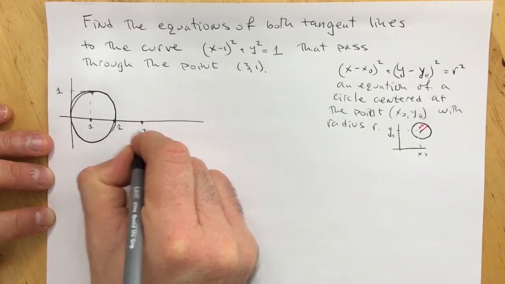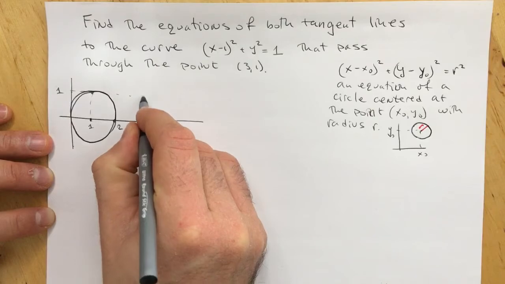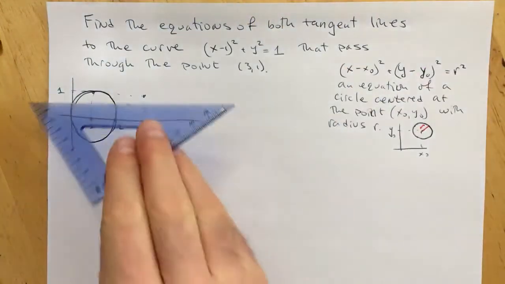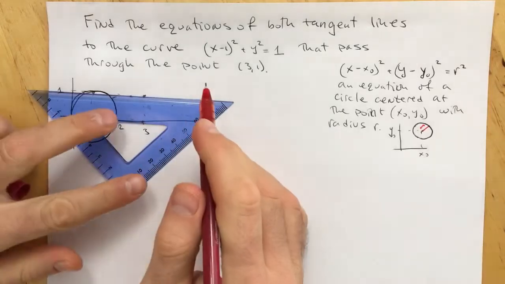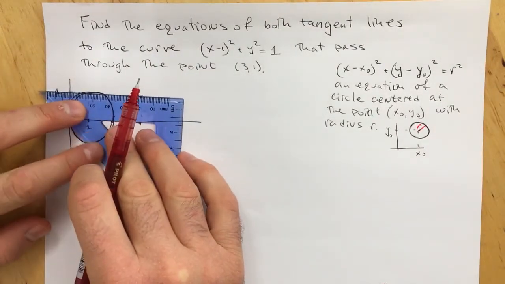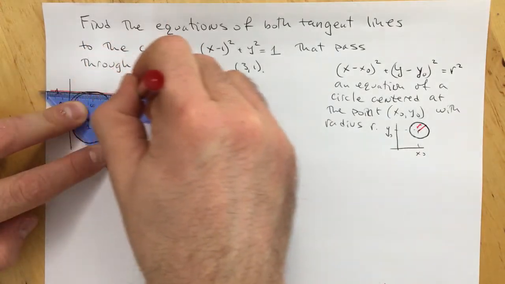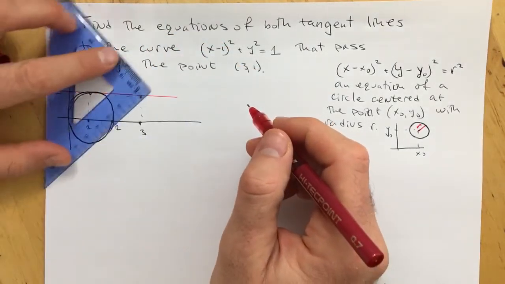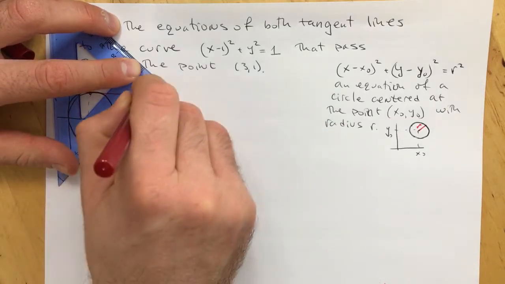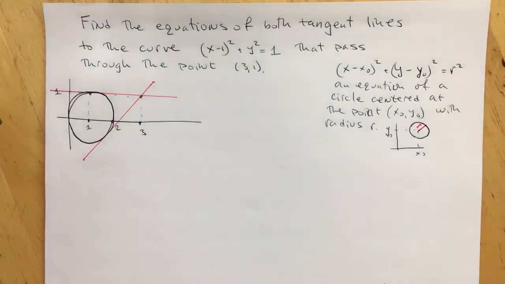That's 3 here and 1 here. So we have the following situation. We have to find these two tangent lines. So what do we know?